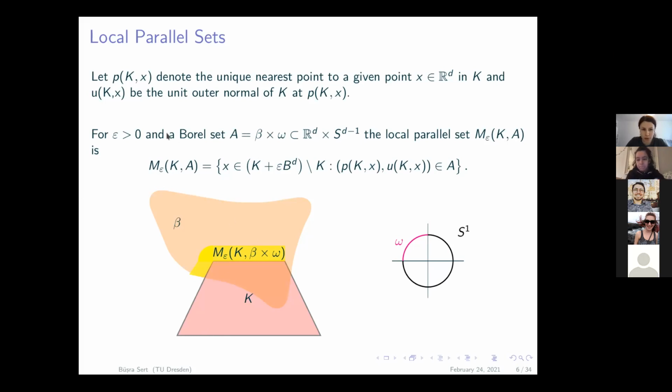We first choose a Borel set, as a subset of R^d times S^{d-1}, where S^{d-1} is the sphere. So we designate an area in our space, for example, here it's beta, and also we designate an area on the sphere. Here we chose omega, for example. Then the local parallel set is a set of points around the body such that the points stay in this area beta.